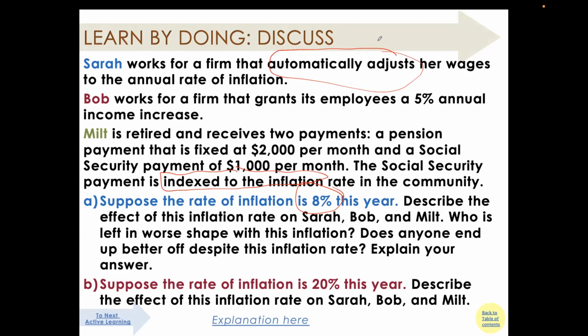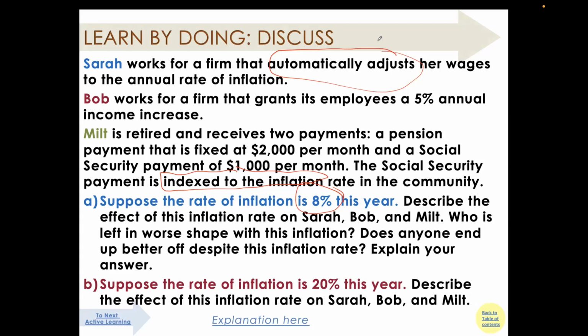So she will be fine. She is protected from inflation. Thank you. Now, what happens to Bob? He's going to be worse off because inflation is 8%. He only gets a 5% raise.